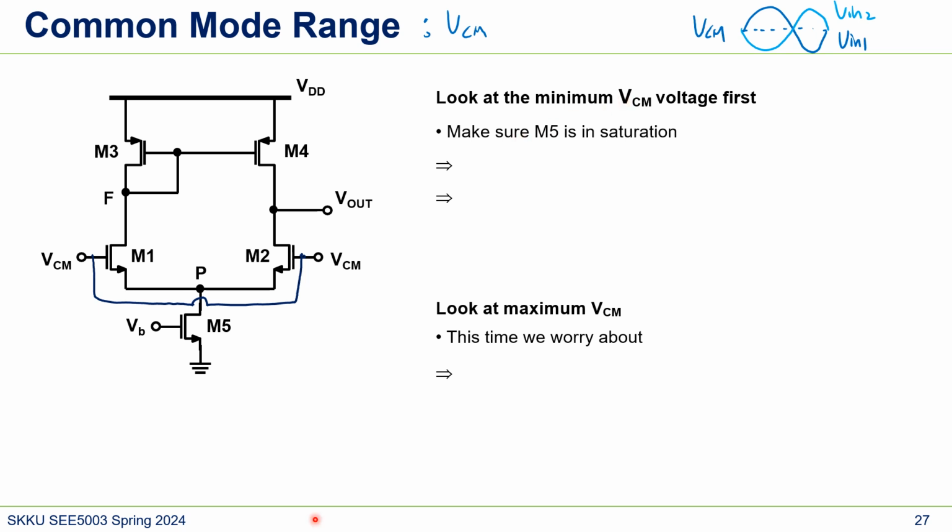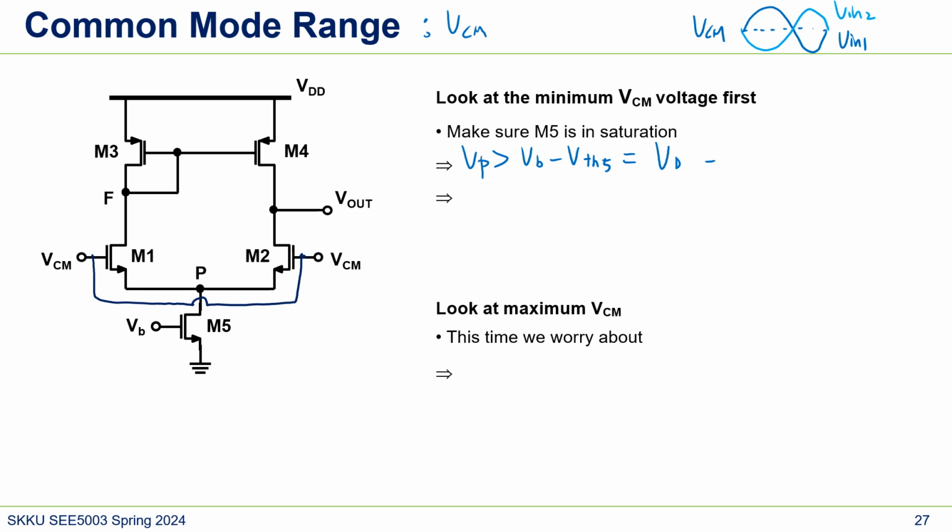The minimum common mode would be we need to place this M5 in saturation, right? So VP first. VP should be larger than VB minus VTH 5, right? And then this is, we can just say VDS set 5.